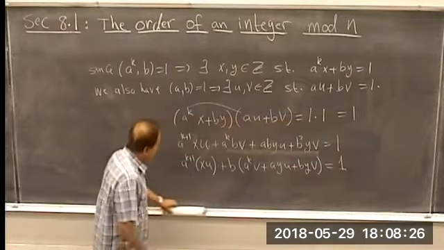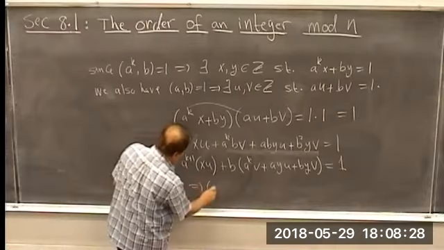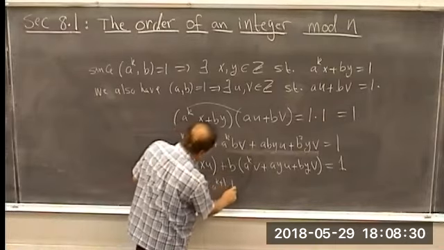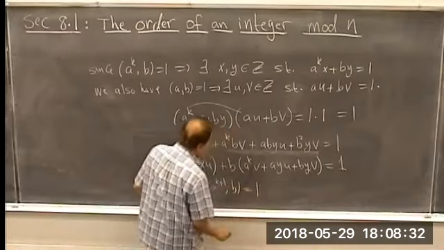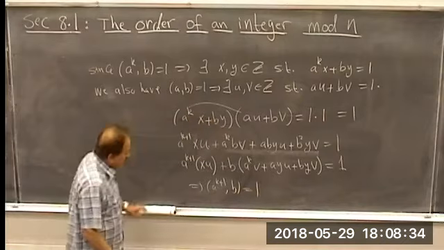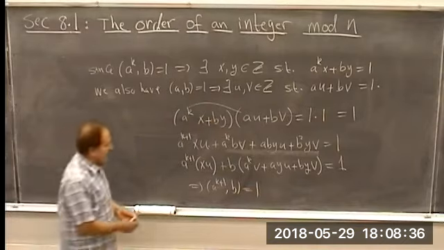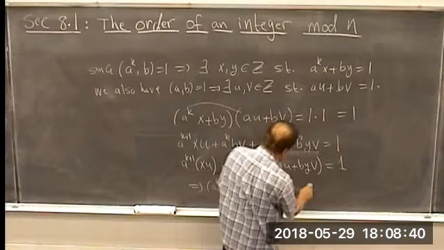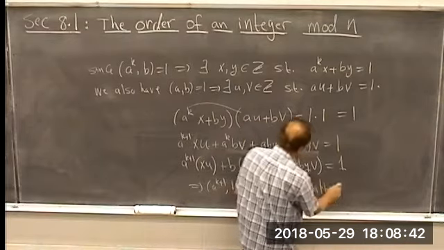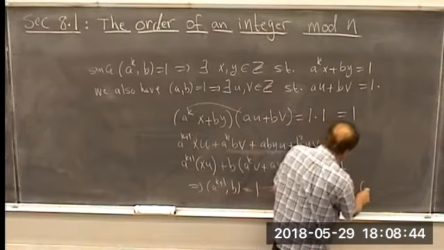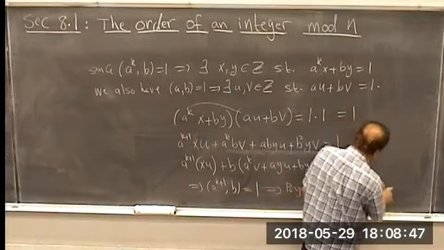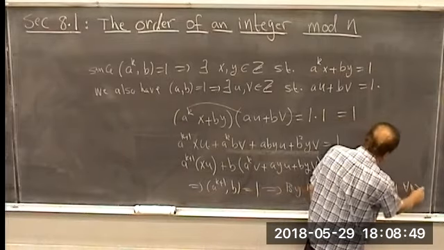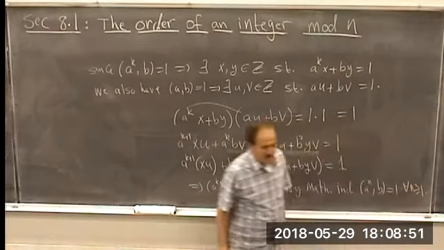And this implies that the greatest common divisor of A to the k plus 1 and B equals 1. All right. So by mathematical induction, the greatest common divisor of A to the n and B equals 1 for every n bigger than or equal to 1.